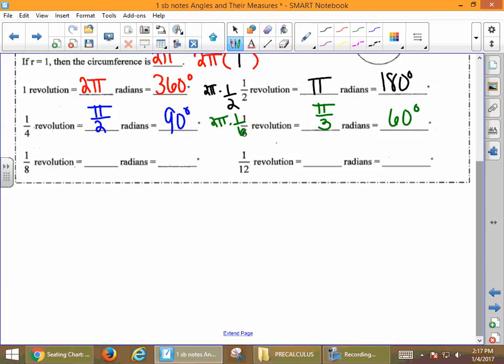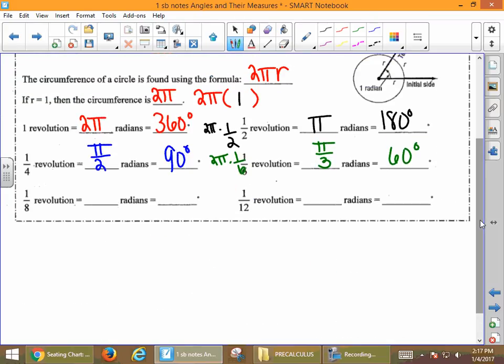If we keep going here, 1/8 of a revolution. So we would take our 2 pi, we would multiply it by 1/8, it's going to be pi over 4. So what's pi over 4 in terms of degrees? 45. 1/8 of 360.